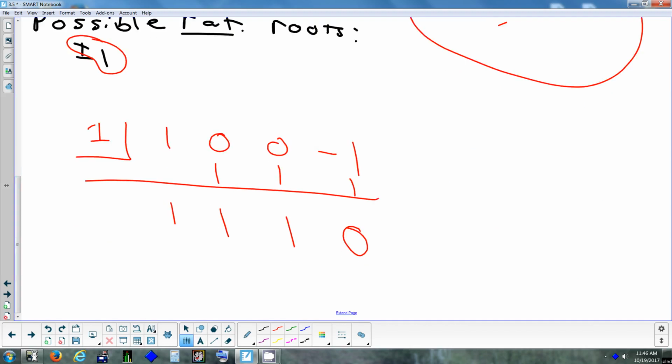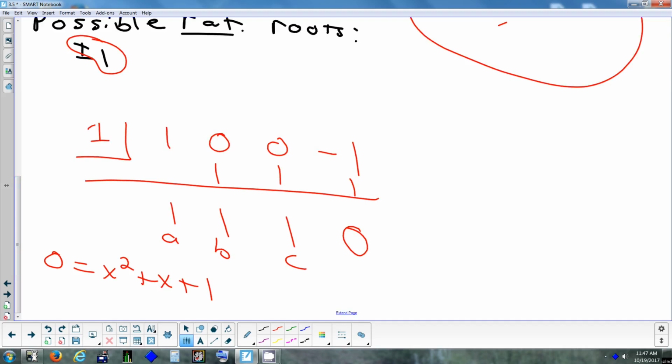So now I have a quadratic. That's A, that's B, that's C. Now you need to solve this. Does that look familiar at all? It is a quadratic equation, but what looks familiar about it?